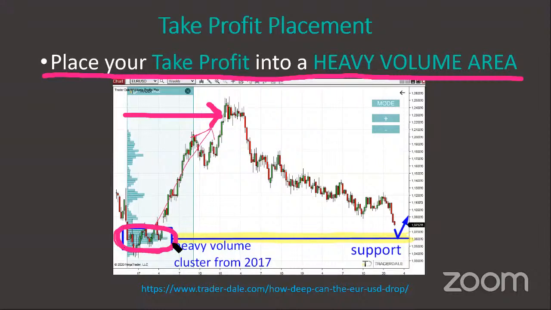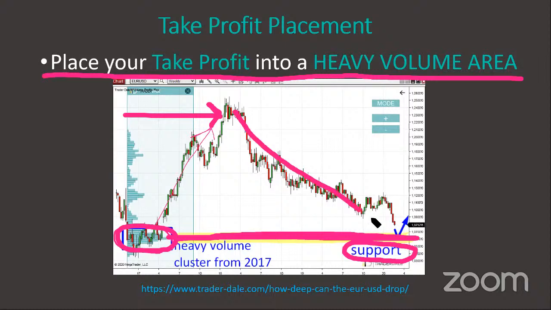So you now know that heavy volumes represent strong support and resistance zones, right? So this was a potential support. And when you are in a short, 1600 pips in open profit, you don't want to risk that this support will work, because if it does, then you will start losing money.